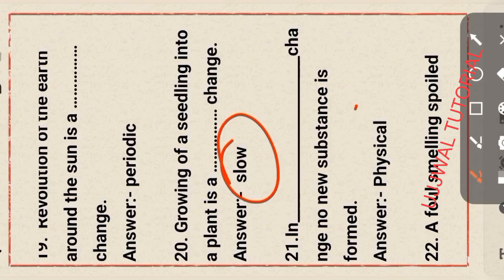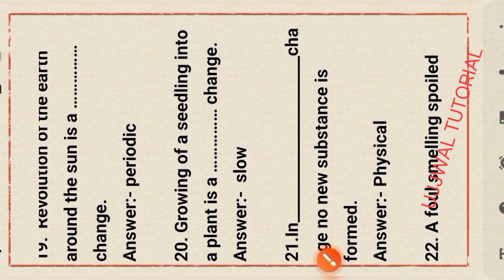This is a slow motion, so it is a slow change. No new substance is formed, that is a physical change. No new product is formed, that is, no change of composition, so this is a physical change.